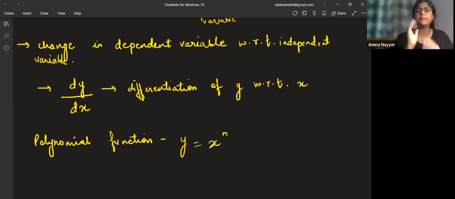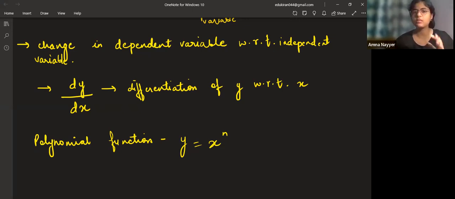Or you can directly remember this statement: if I'm writing dy over dx, this means differentiation of y with respect to x. All right, understand basics laws that we have.